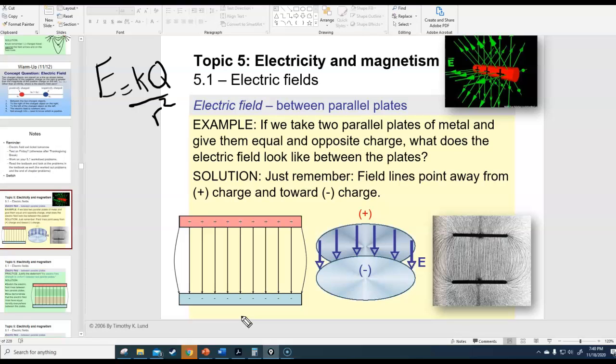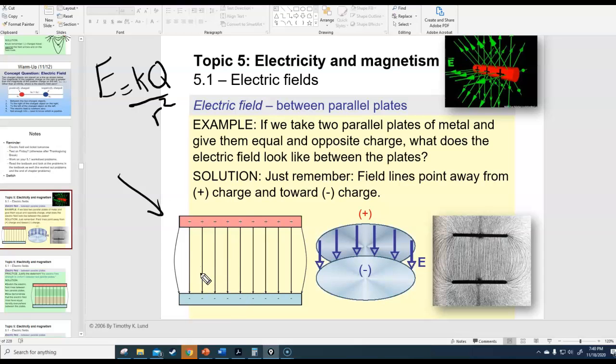Now, make sure that you understand what the electric field looks like in this situation, because there have been IB problems in the past that ask you to sketch the electric field for the situation. And basically what the field looks like is, if you look at the bottom left down here, you can see that for the most part these arrows are showing the direction of the electric field.